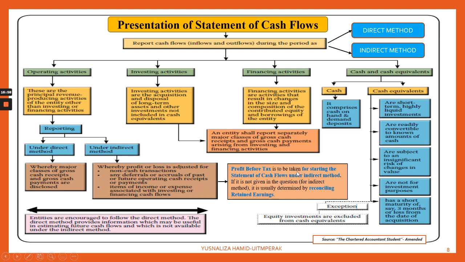Profit before tax will be the starting point under the indirect method. So normally this will be given. We'll go into detail when we do our simple exercise, looking at the format in great detail.